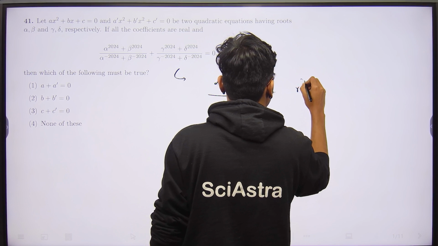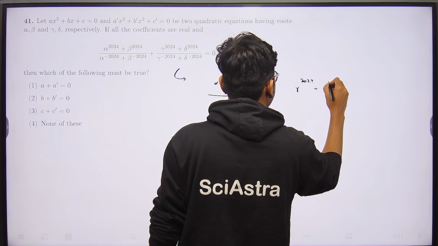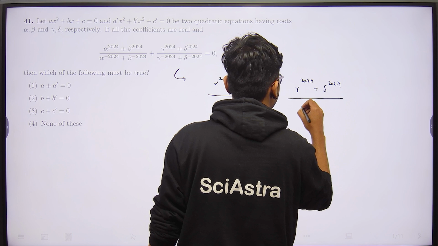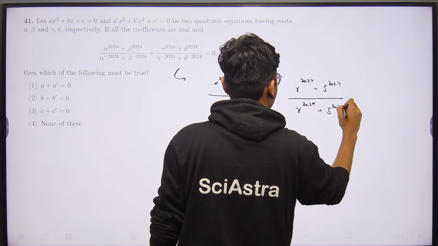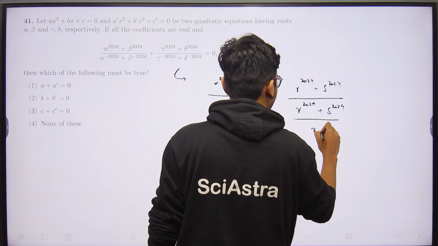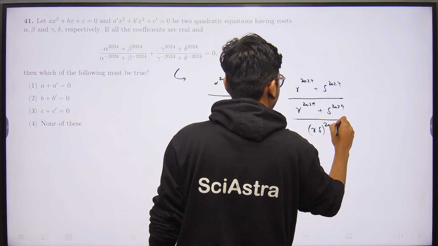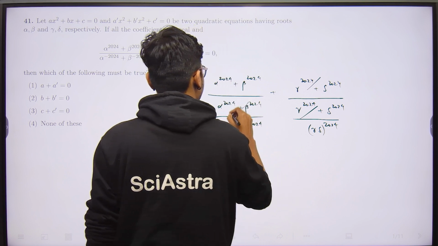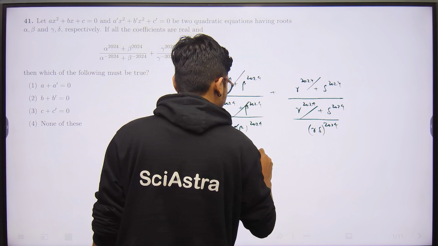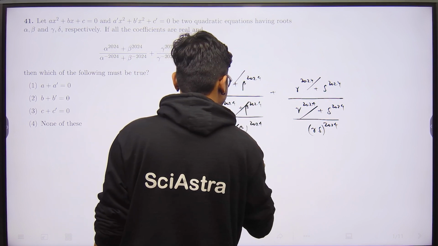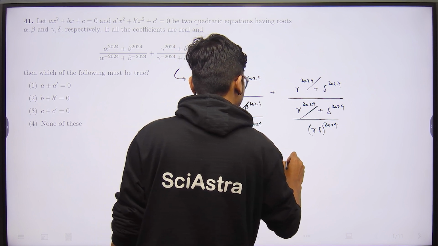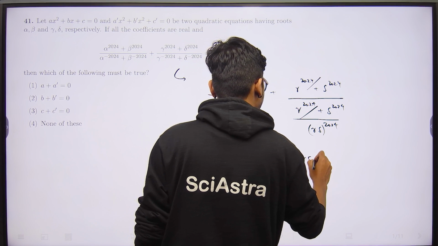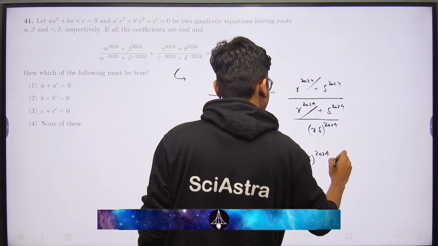So यहाँ पे क्या आ जाएगा? ये भी gamma 2024 plus delta 2024 divided by gamma delta whole to the power 2024, right? अब ये और ये cancel out हो जाएंगे, ये और ये cancel out हो जाएंगे. From here you can say that this expression basically tells you कि alpha beta whole to the power 2024 plus gamma delta whole to the power 2024 is equal to 0, right?